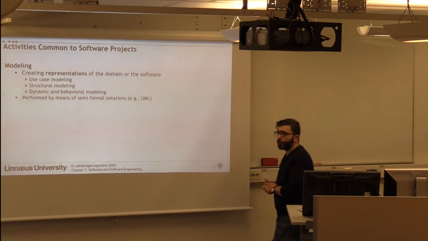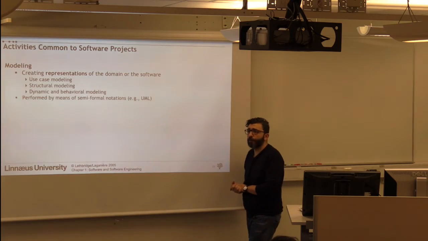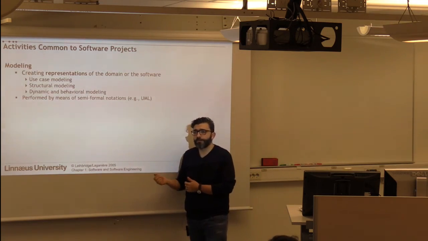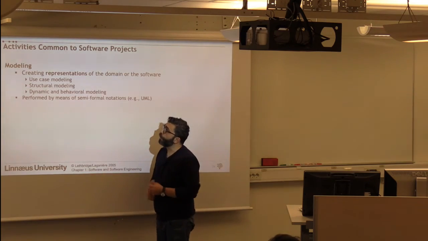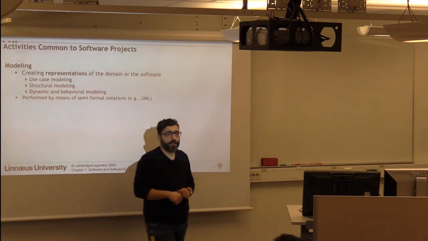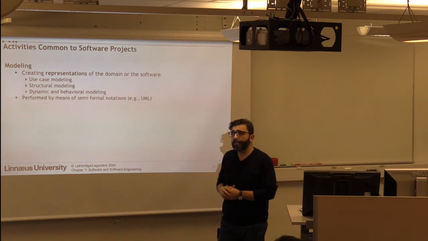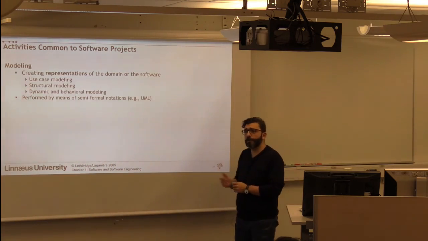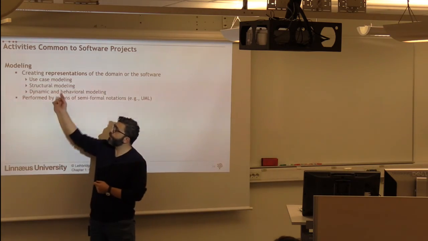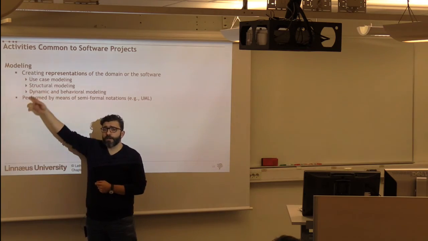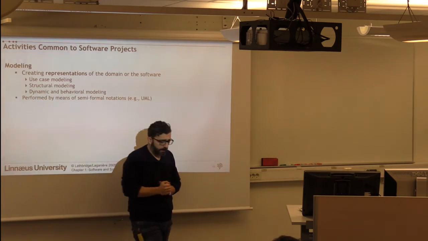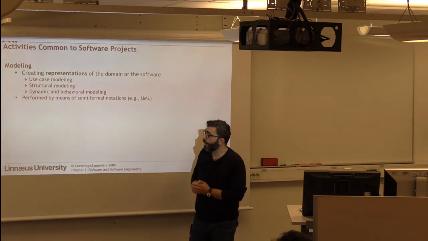We are going to make extensive use of models. Models will be our language. We will use models for modeling the use cases and eliciting the set of features that the system needs to provide. We will use models for defining the structure and then the software architecture of the system that we want to implement.